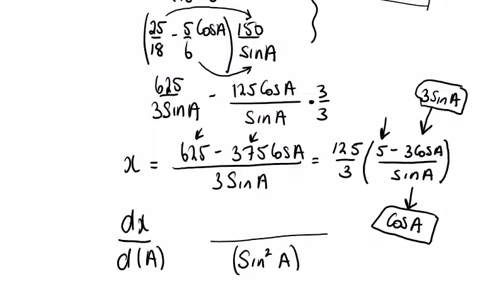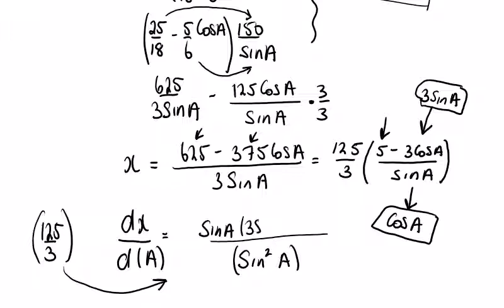I'll just leave a little bit of room for my constant. Actually, I'll put it in front. Just remind me to bring it back in if I need to. 125 over 3. I'm not going to need it here because I'm going to be letting one of them equal 0, but that's my constant in front here. So now we have the bottom, which is sine A, by the top differentiated, which is 3 sine A. So the bottom by the top differentiated, and then it's minus the top by the bottom differentiated.